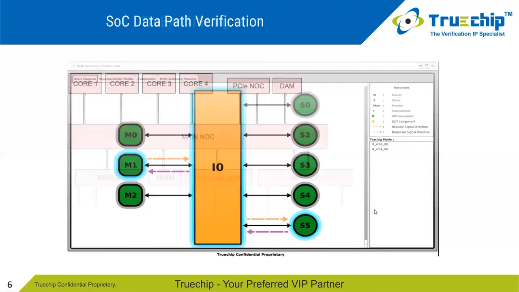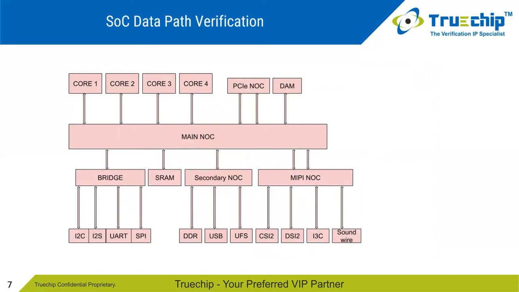After this, in SoC verification, you must have heard about data path verification. Let's take an example. There is an SoC with multiple cores, NoC, PCI NoC, DMA, bridge, SRAM, secondary NoC, MIPI NoC, and on-chip devices, including slow peripherals and high-speed peripherals.